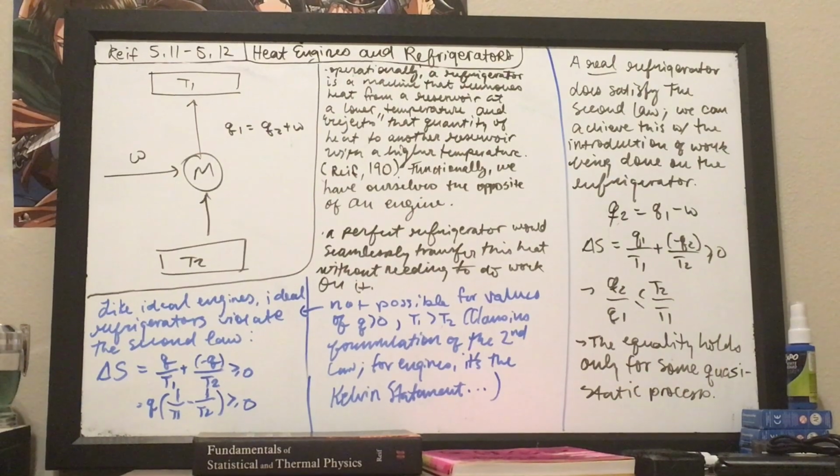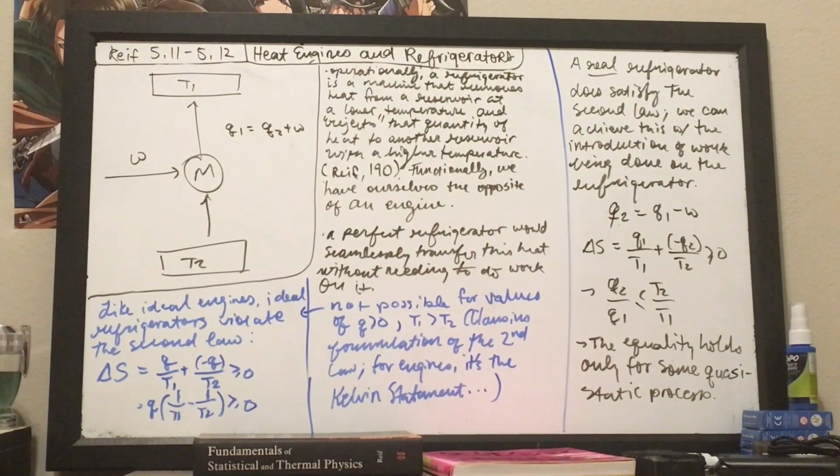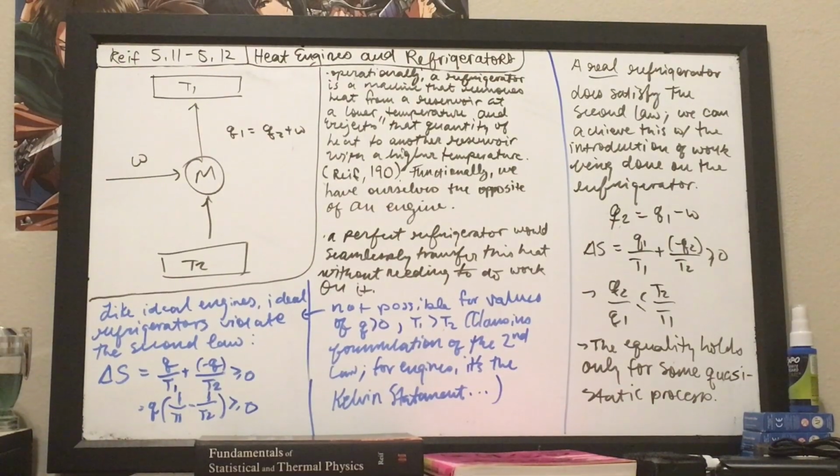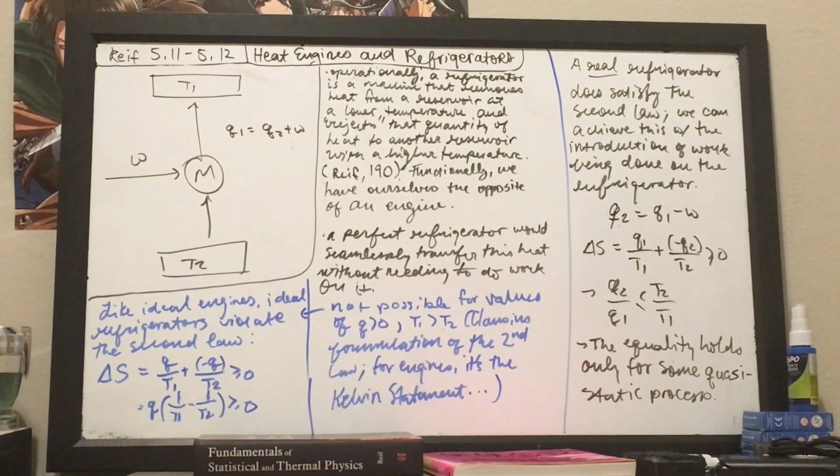With that in mind, we can show that a real refrigerator does not violate the second law of thermodynamics, but an idealized one does. And we can also see that refrigerators are, thermodynamically speaking, just the exact opposite of an engine.